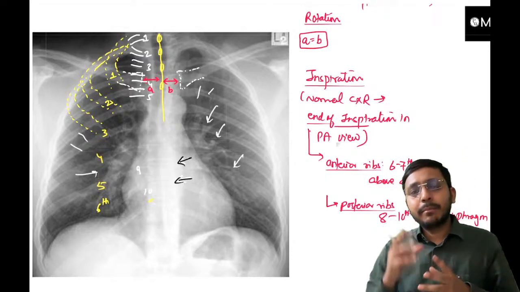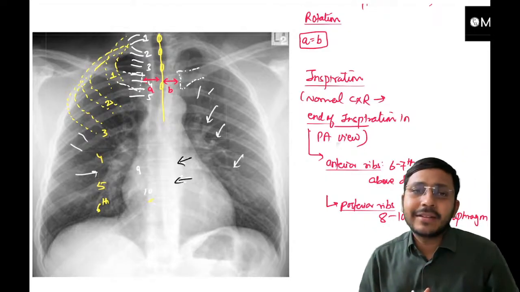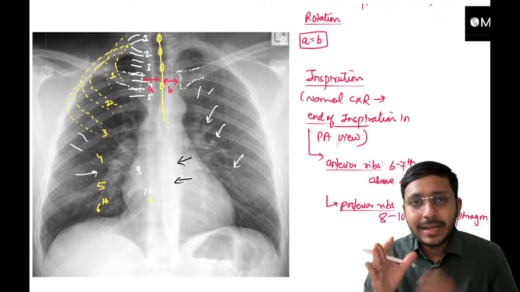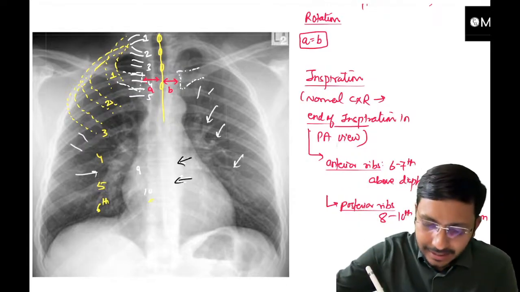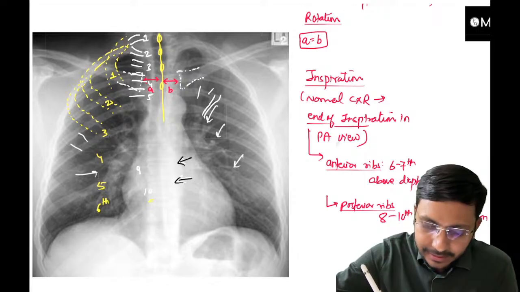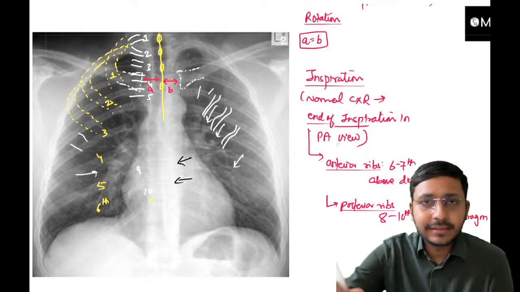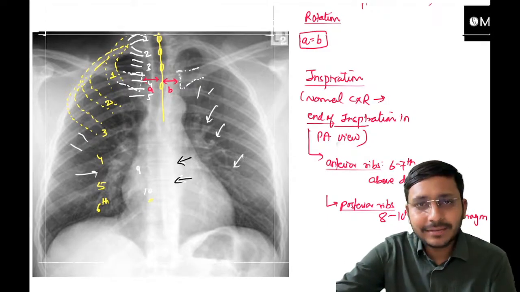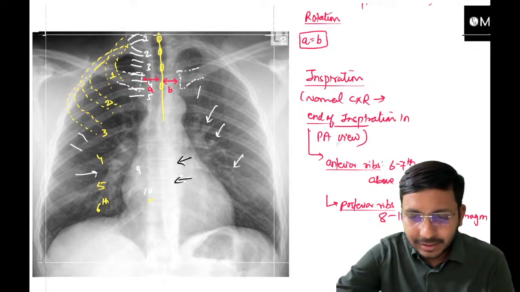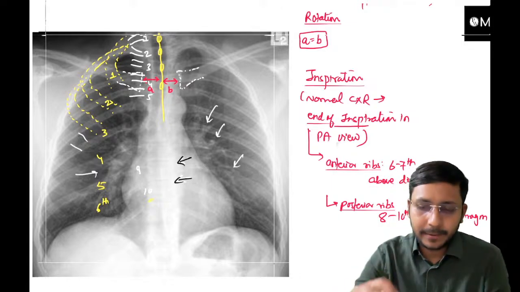These are nothing but the bronchi and the pulmonary vessels in the lungs. So they should be seen like a normal bronchovascular pattern. Sometimes you get dilated airways here. Ahead we will see that in bronchiectasis you'll get dilated airways. So that thing has to be mentioned. That means that the bronchovascular markings are not normal. This is how normal bronchovascular markings look like.